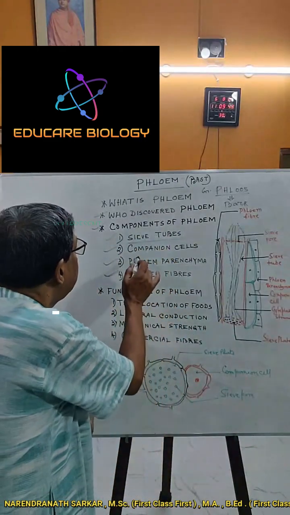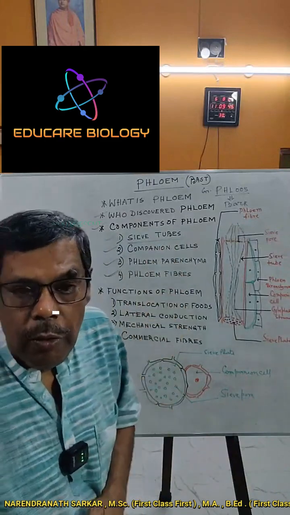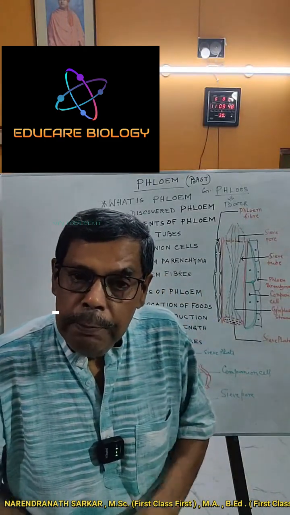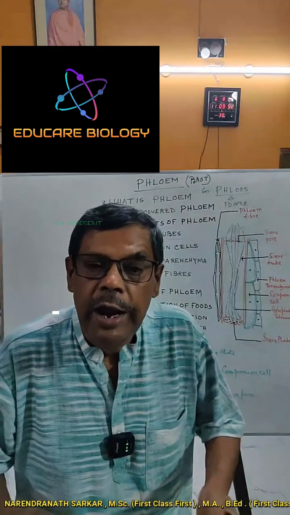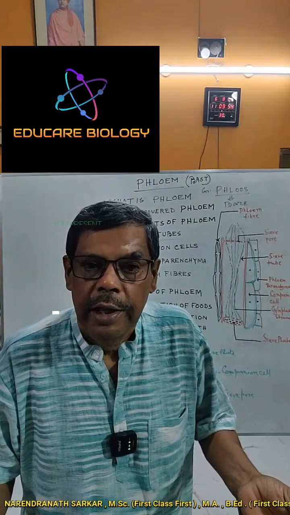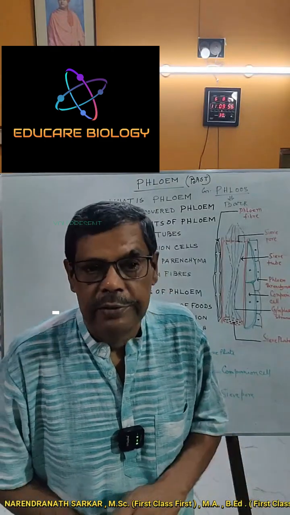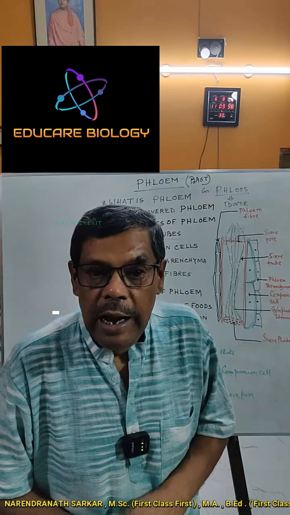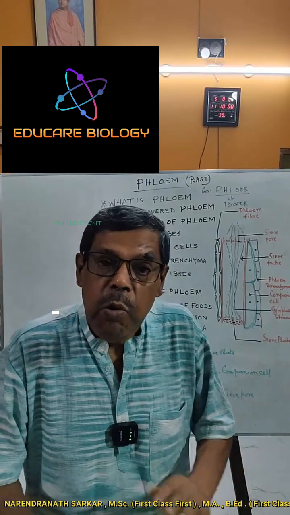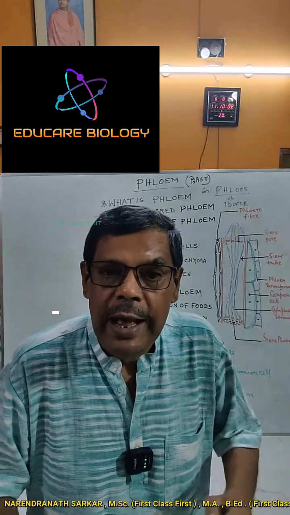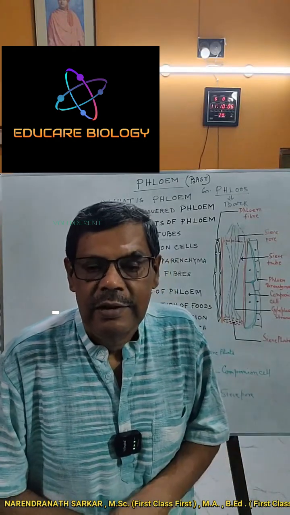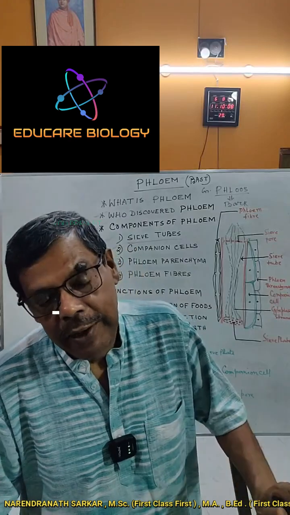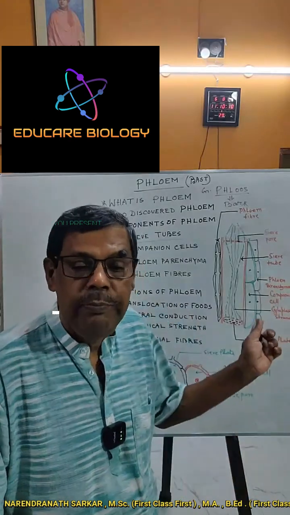Next, sieve tubes are composed of sieve cells joined end to end. These sieve cells at maturity are devoid of nucleus, but they are living cells.